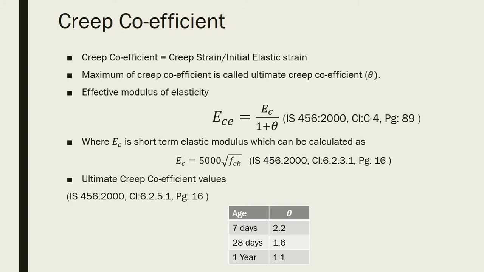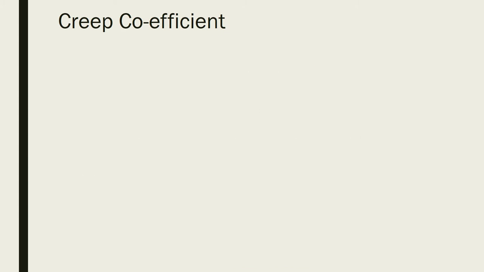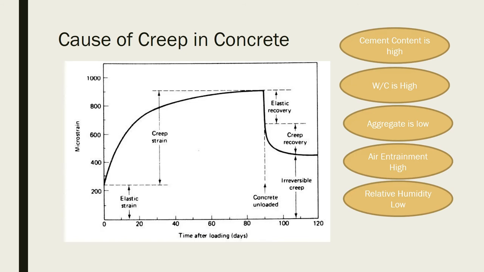The clause says at the age of 7 days your theta value can be taken as 2.2. At the age of 28 days you can take the theta value as 1.6, and after 1 year you can take it as 1.1. You can see the theta value is reducing as the time is increasing, which is also evident from the graph that I have shown you previously.